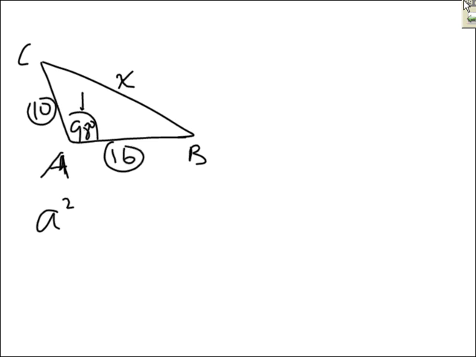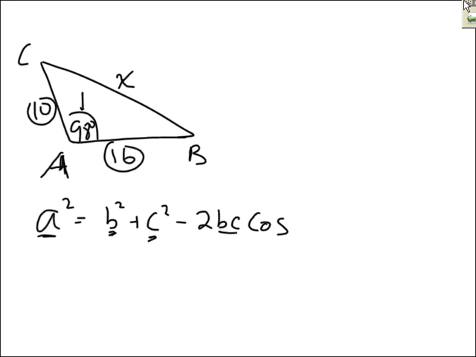Start off with A squared. A squared is equal to B squared plus C squared minus 2 times those letters times the cosine of big A, or what's in between B and C.